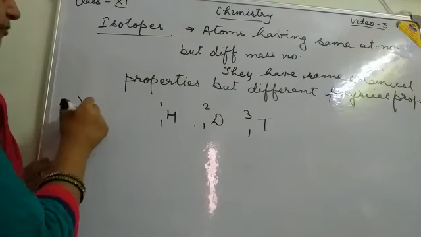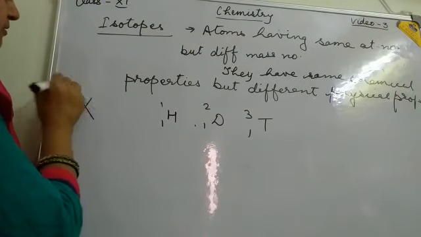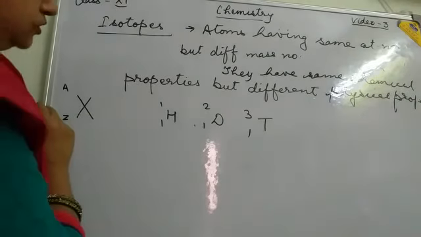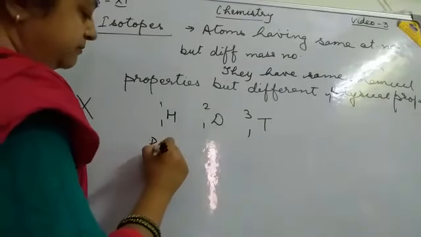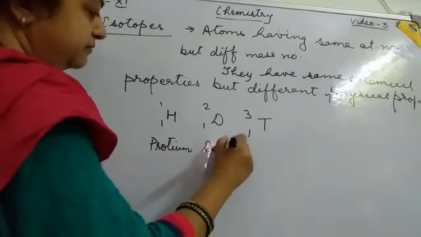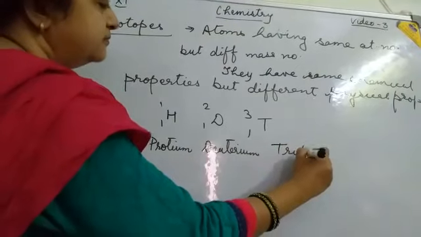An element can be written as X. Here, mass number is written here and atomic number is written here. So, these are the 3 isotopes of hydrogen called protium, deuterium, and tritium.